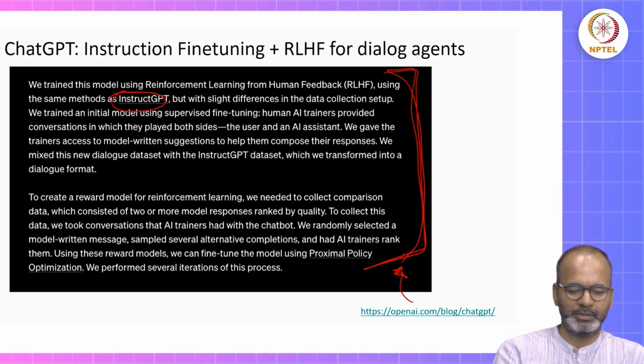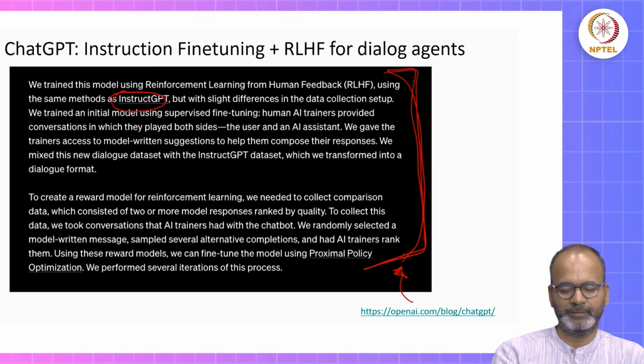We trained an initial model using supervised fine-tuning. Human AI trainers provided conversations in which they played both sides, the user and the AI assistant. We gave the trainers access to model written suggestions to help them compose these responses.